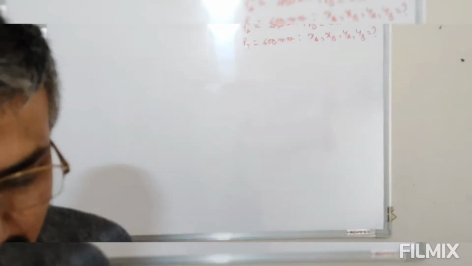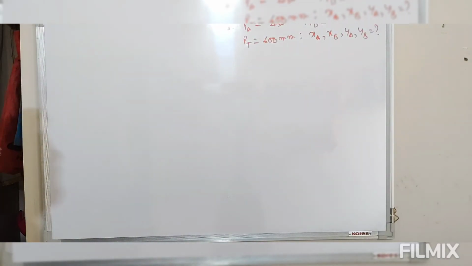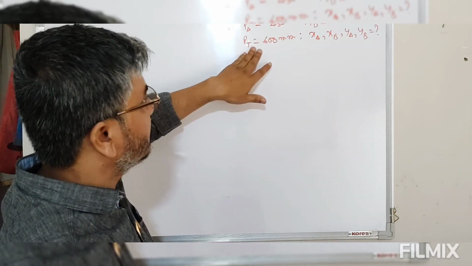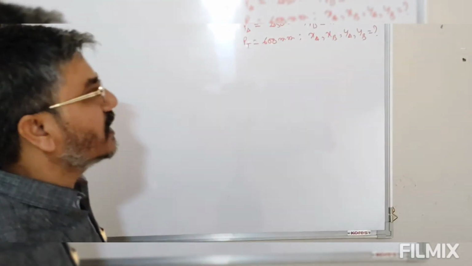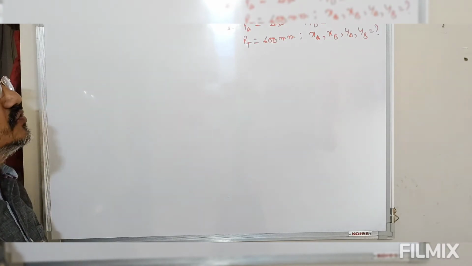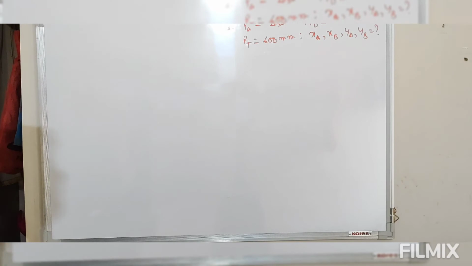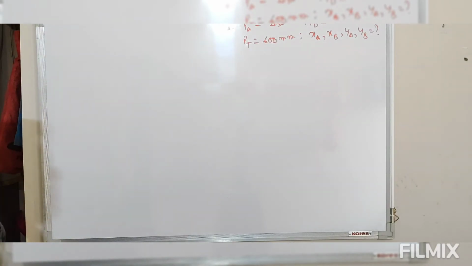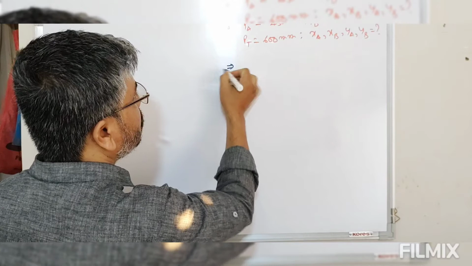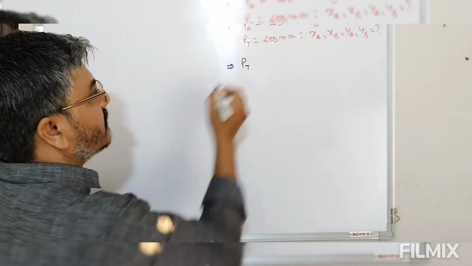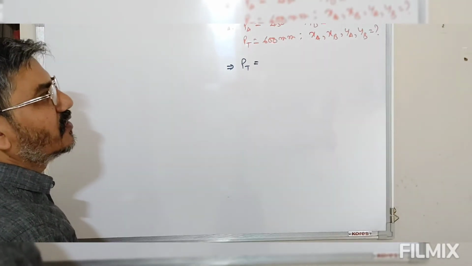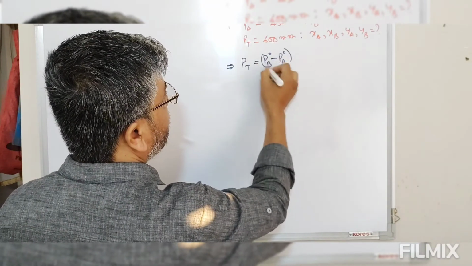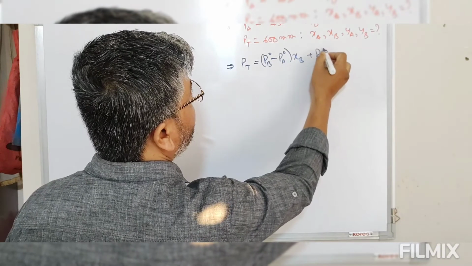So the question says that we have a solution of A and B. The initial pure A and pure B vapor pressures are given to you, and the total pressure is also given. Now we have to find the mole fraction of A and B in the solution. To define this, we have a number of equations that you will use. Since it is given in the question this way, let's assume that this is forming an ideal solution. So for this ideal solution, look at this total pressure. Total pressure is equal to, now let's express this in terms of mole fraction of B: PB naught minus PA naught into mole fraction of B plus PA naught.